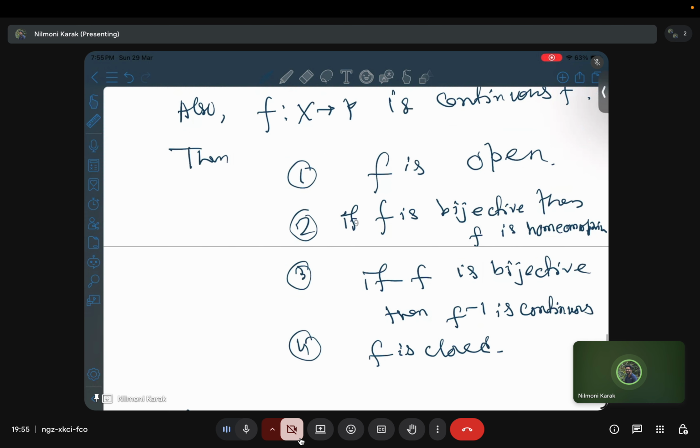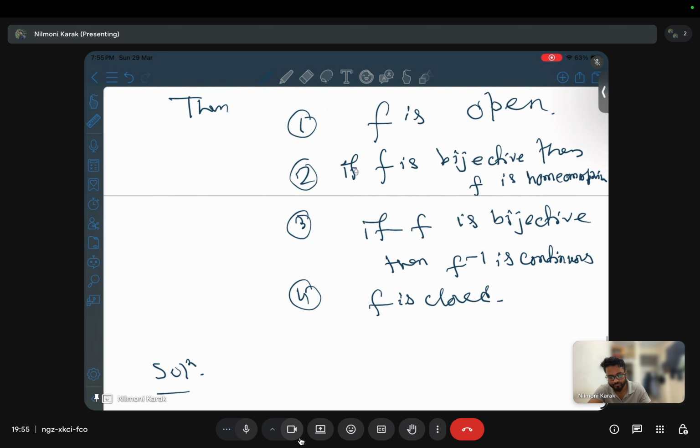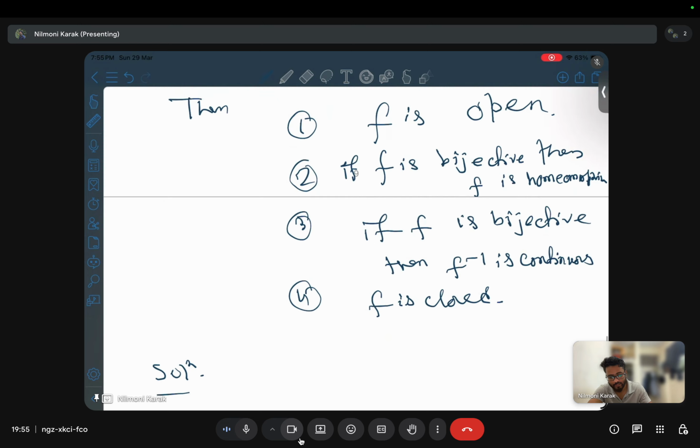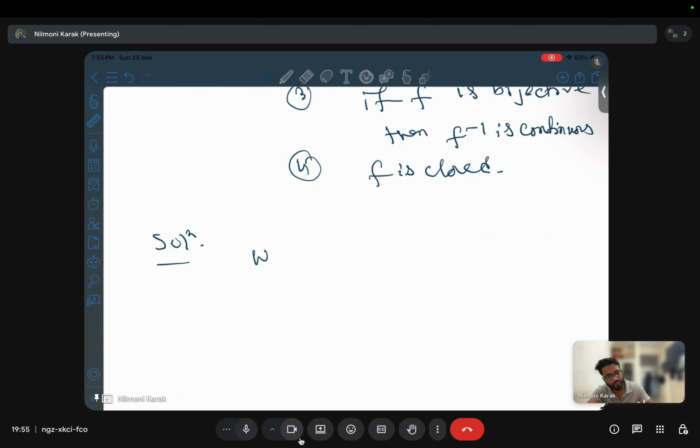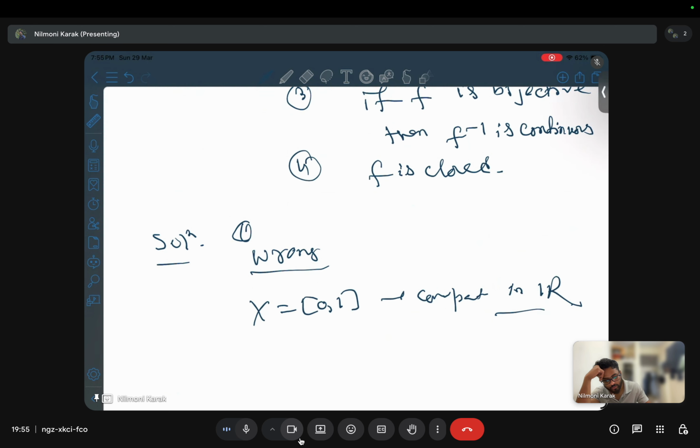So first is asking whether f is open or not. Actually, this is a wrong statement, because consider X equals [0,1]. This is compact in our usual metric, of course.